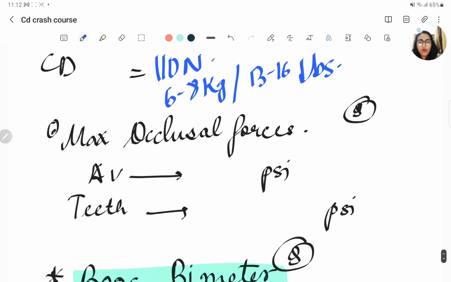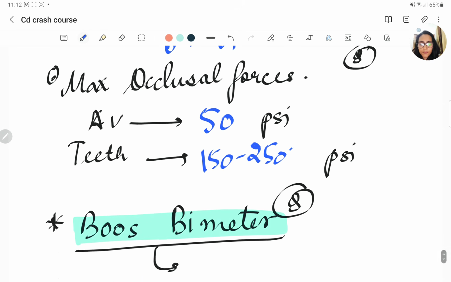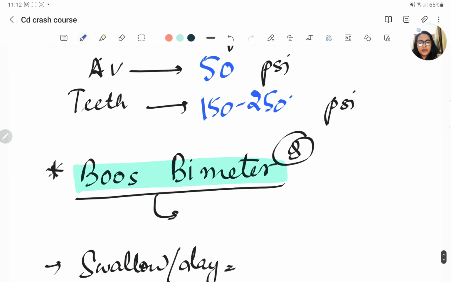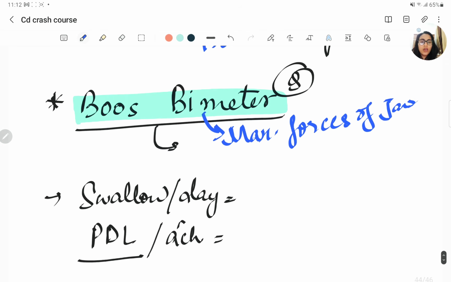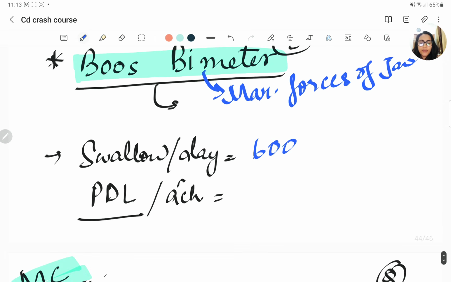The maxillary occlusal forces on an average is 50 psi. For natural teeth, it is 150 to 250 psi. Then Boo's biometer measures the maximum forces of the jaw. And swallows per day is 600 times we swallow each day. PDL per arch is 45 centimeter square.